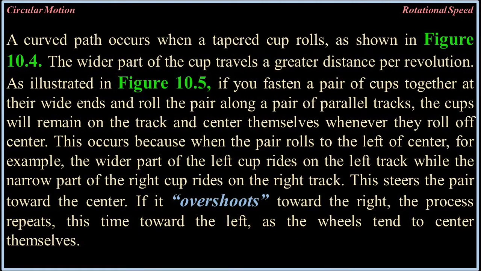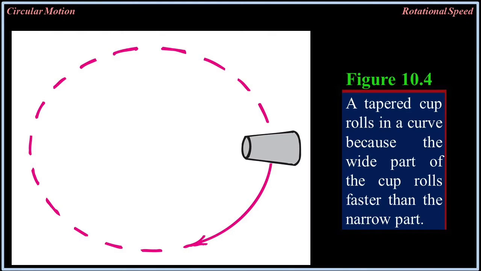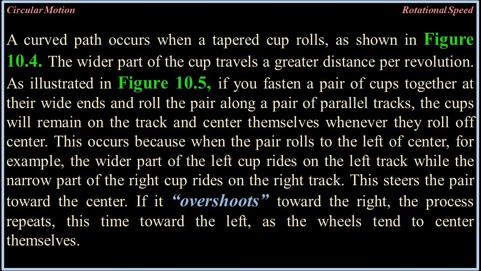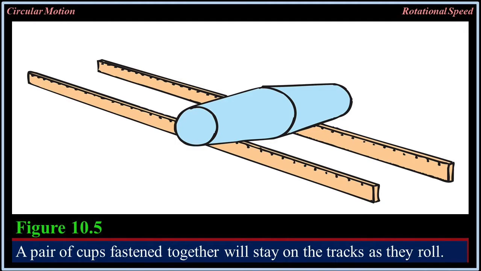A curved path occurs when a tapered cup rolls, as shown in figure 10.4. The wider part of the cup travels a greater distance per revolution. As illustrated in figure 10.5, if you fasten a pair of cups together at their wide ends and roll the pair along a pair of parallel tracks, the cups will remain on the track and center themselves whenever they roll off center.